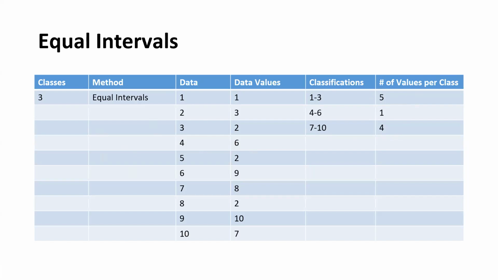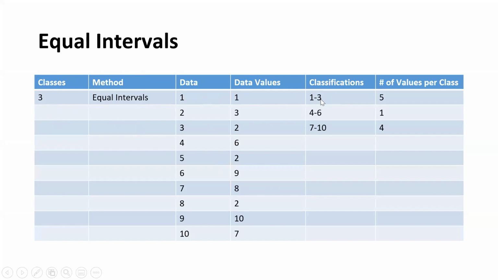equal intervals. Let's see what happens. Here also, the number of classes is 3. The method we are trying to adopt is equal intervals, and it's the same data that we have here. We are trying to divide this data into 3 by ensuring equal intervals. Because it is equal intervals, the classification goes as 1 to 3, 4 to 6, and 7 to 10.